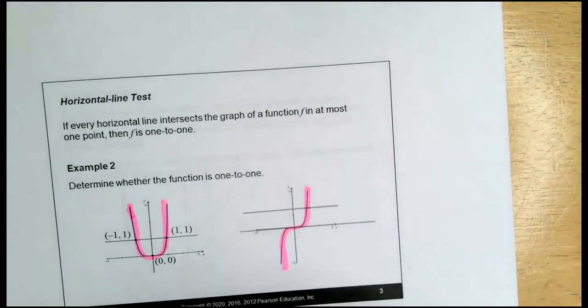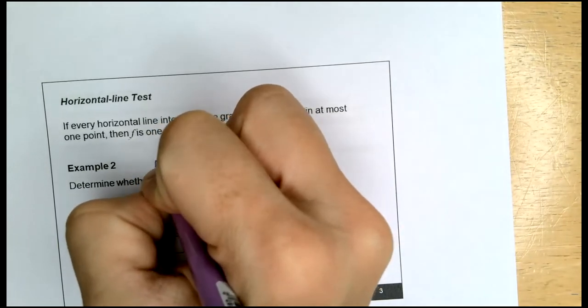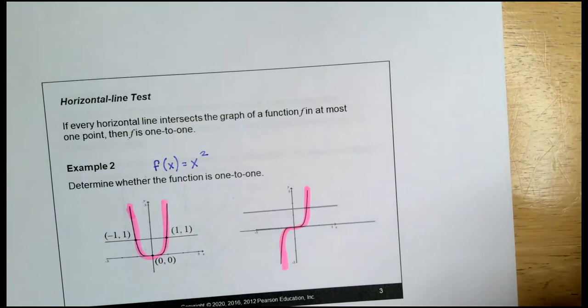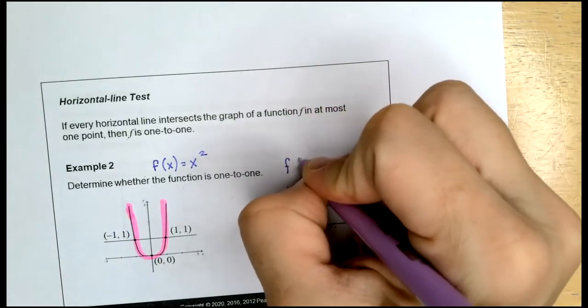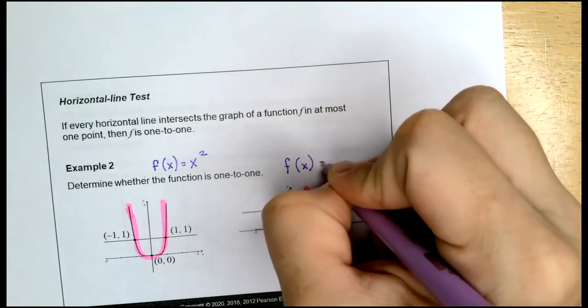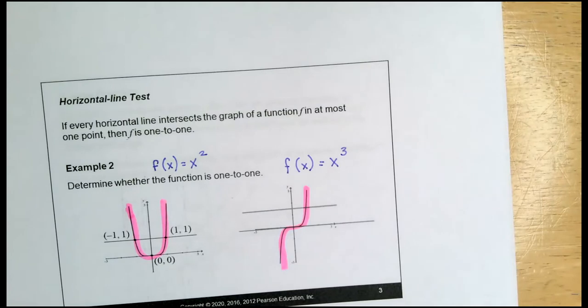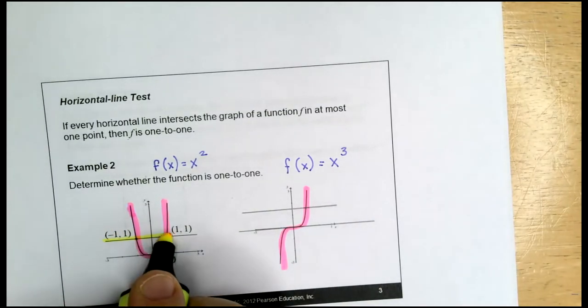This to me looks like the graph of f of x equals x squared, right? It's a parabola. This one looks like f of x is x cubed, okay? And then we just give it a horizontal line.